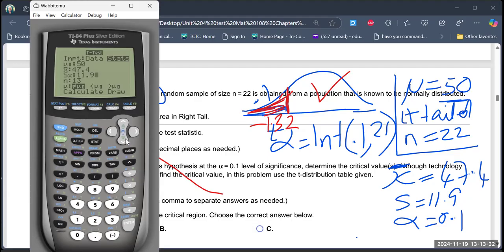And the sample size is 22 in this question. What kind of test am I doing? My calculator knows that there are 3 kinds of tests, but I'm doing a left tail test, so I select left tail test. And I really like to draw, so I'm going to draw.